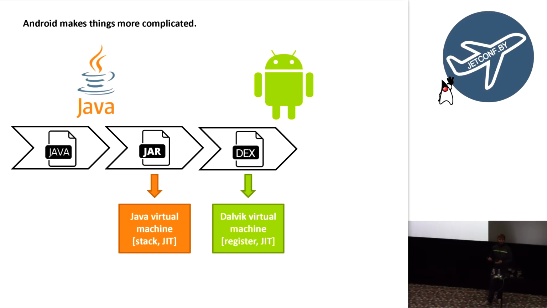However, there's Android, and Android, for various reasons that of course make sense, runs on small devices, so they decided we want to have a register-based VM. And a register-based VM is closer to the actual hardware, like my phone. I'm not sure what architecture it has, ARM something, I guess, which is register-based on the machine level.